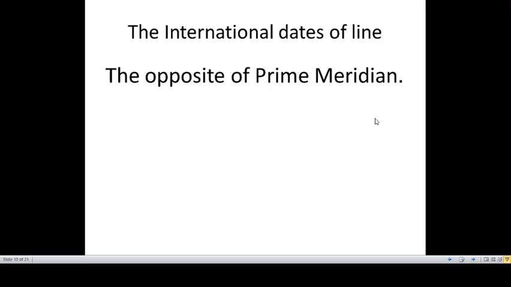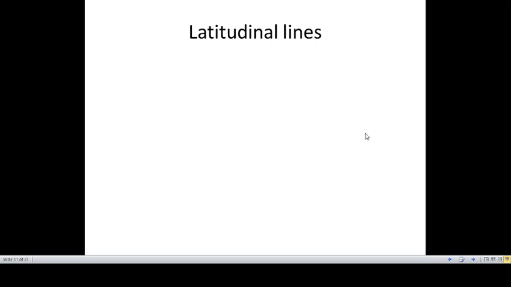Since the prime meridian measures 0 degrees, the International Date Line measures 180 degrees longitude. So don't forget, if you see or hear the words opposite of the prime meridian, it is the International Date Line.